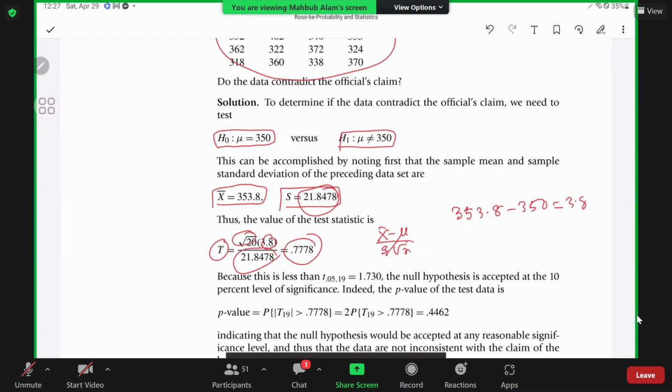So our test statistic is this one, and once again we compare it with z alpha by 2 and minus z alpha by 2. If the test statistic is greater than this one or less than this one, we reject the null hypothesis. Otherwise, we accept the null hypothesis. Here, another table is given.